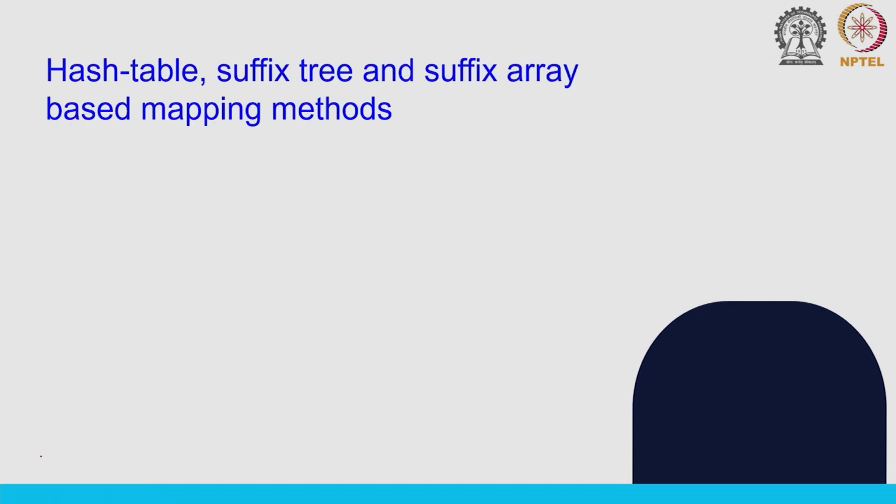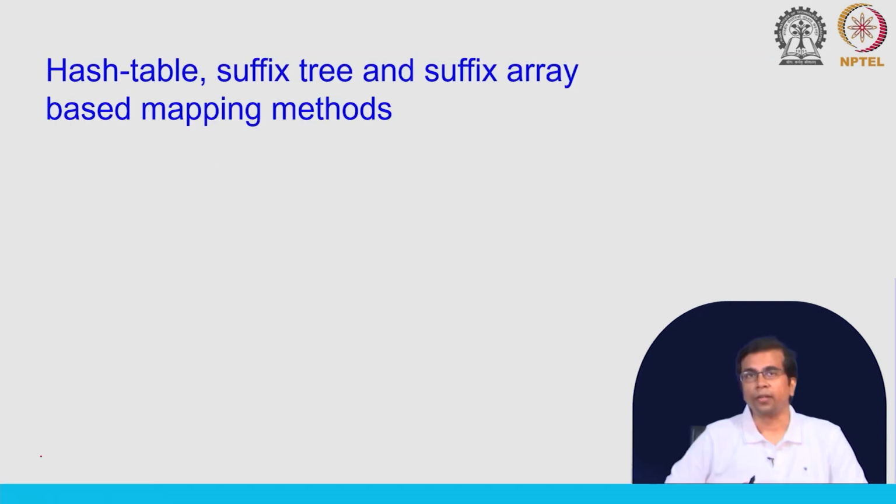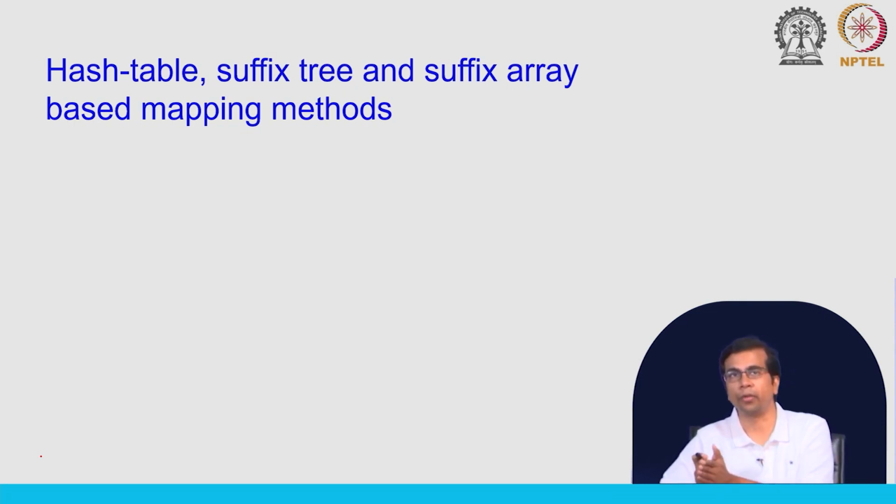Just to briefly recap the mapping methods that we have discussed so far: hash table based methods, suffix tree based methods and suffix array based methods. In the hash table based method, we stored the reference sequence in a hash table. We generate seeds and store them in the hash table along with the locations, and we generate similar seeds from the read data, search in the hash table and find the locations.